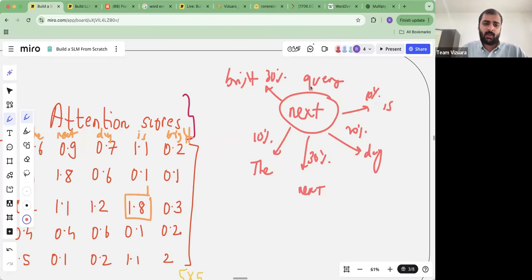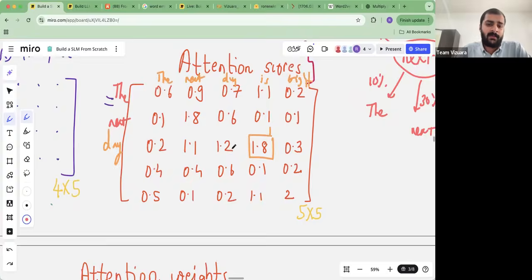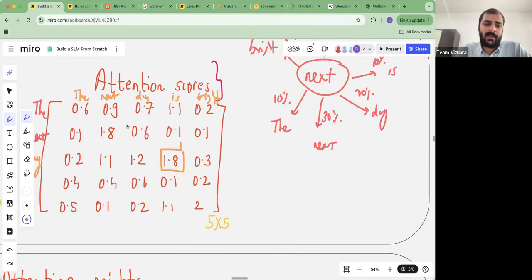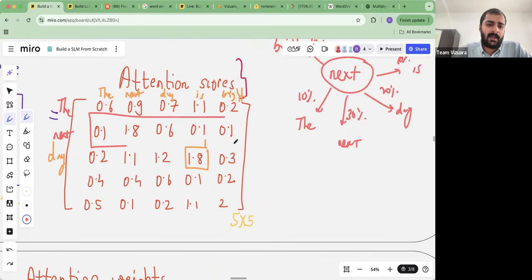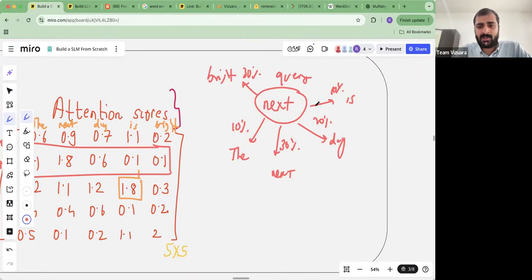I want the attention scores for every row to add up to 1. Why? Because I want them to be interpretable. If the attention scores add up to 1, I can easily say that for the given query next, you pay 30% attention to bright, etc.